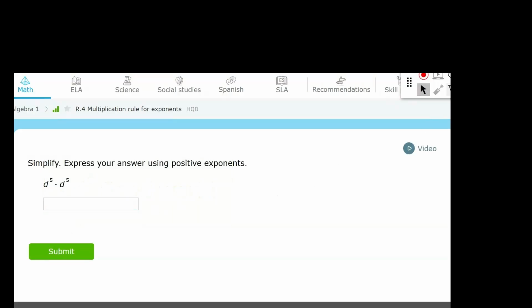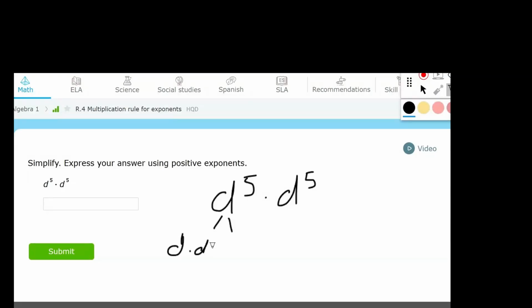Okay, so here's another example. Here we have d to the fifth times d to the fifth. Again, if you're not sure, you can always break them up. d to the fifth is d times d times d 5 times, and the second d to the fifth, again, is d times d times d 5 times.